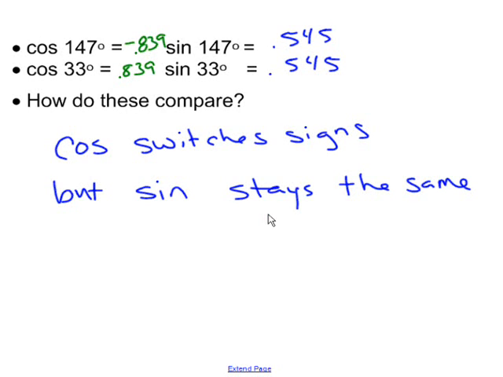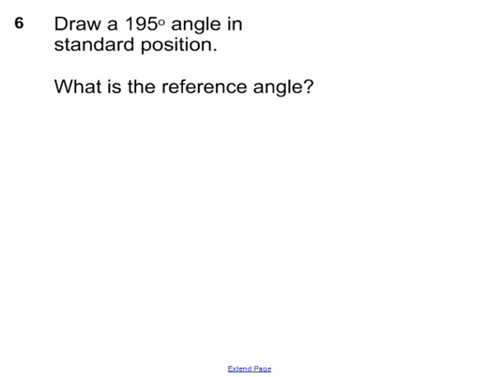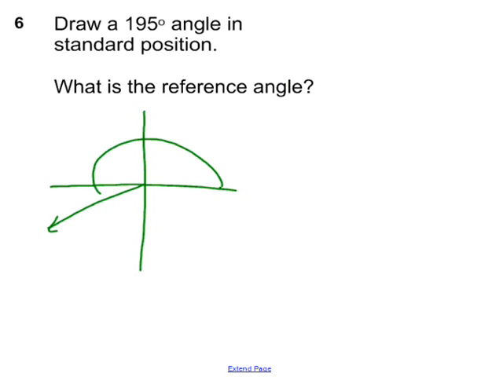Okay, well let's try an angle in the third quadrant. So 195 would put me a little bit over 180. And so my reference angle right here would be 195 minus 180, which is 15 degrees.